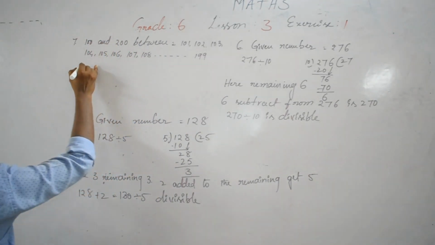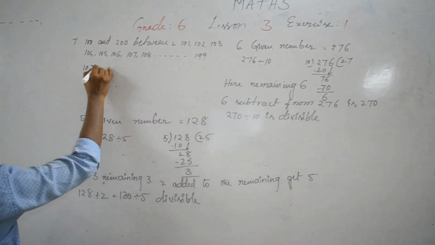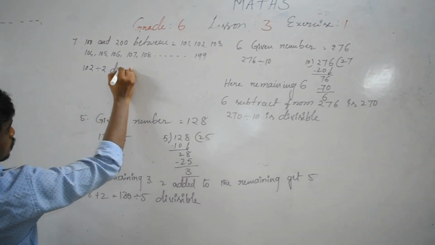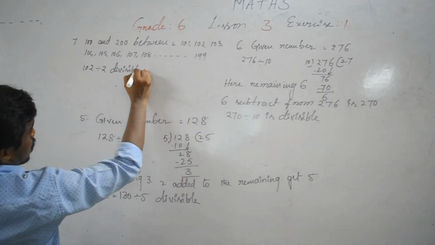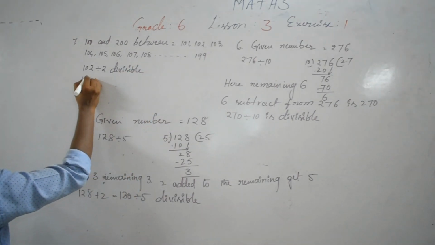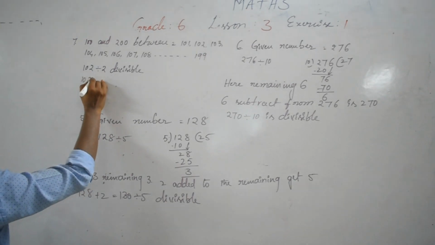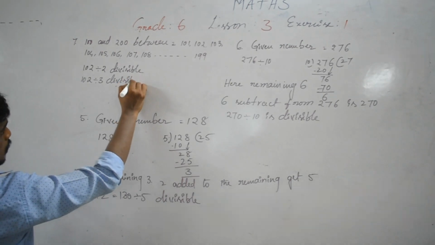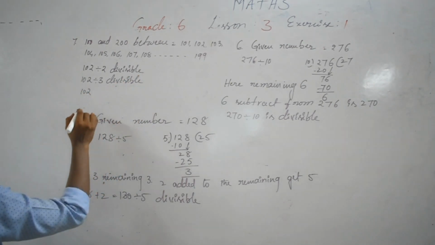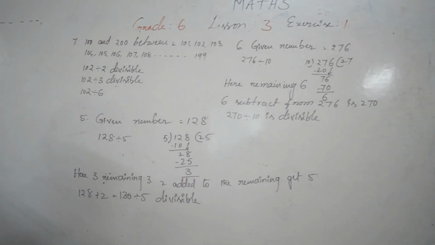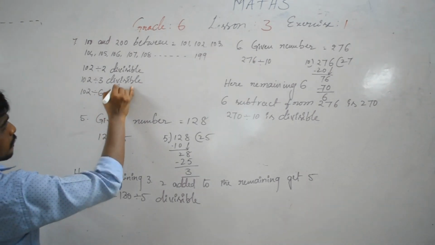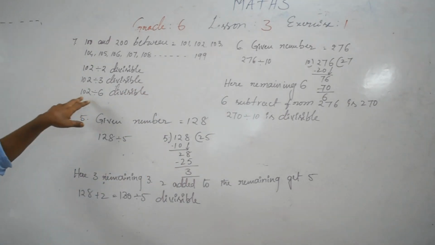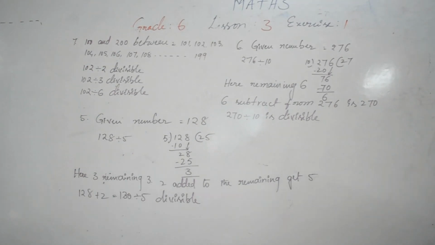So 102 divided by 2 is divisible. 102 divided by 3 is divisible. So 102 divided by 6 is divisible.